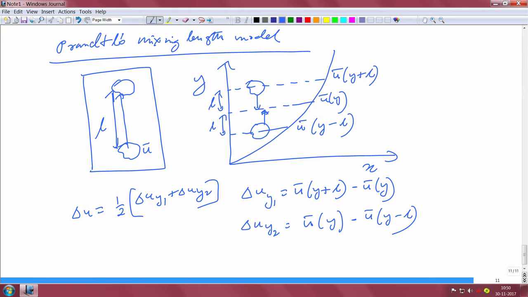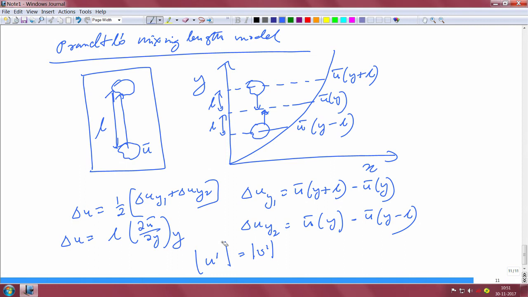Or in other words, this delta u is therefore given as L du bar by dy evaluated at y, and u prime bar is the same as v prime bar, they are both the same.